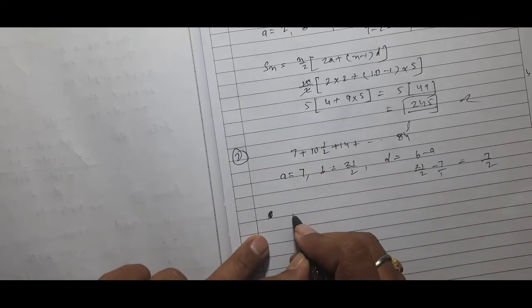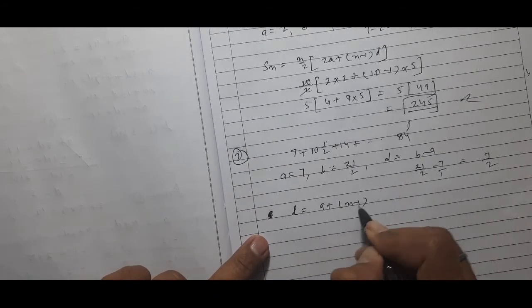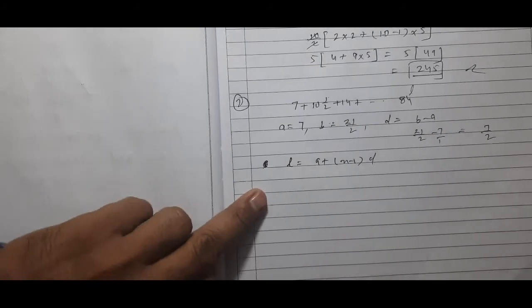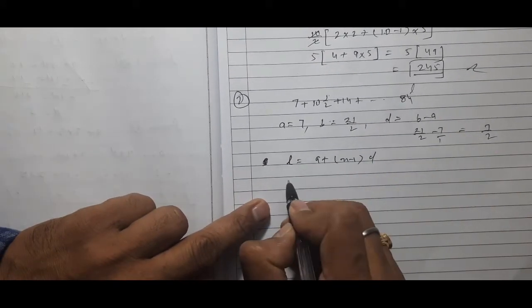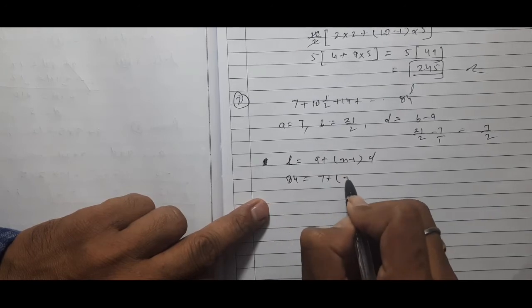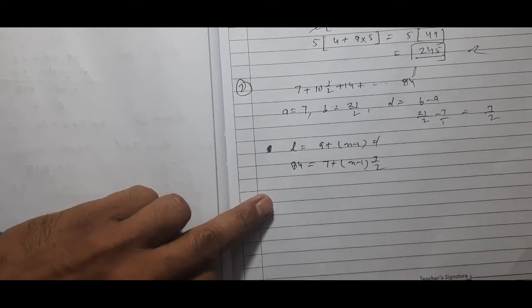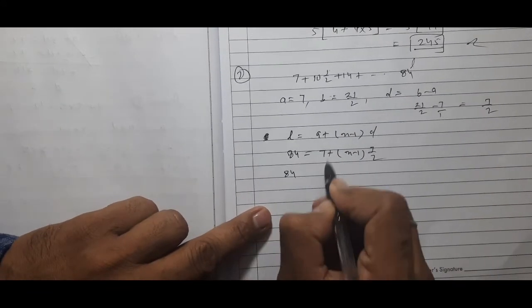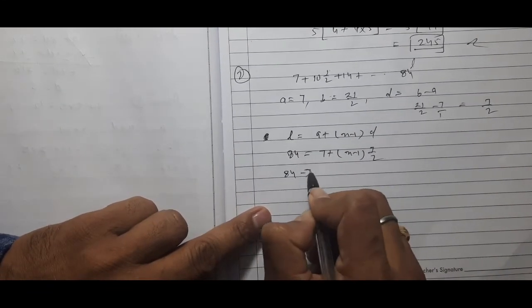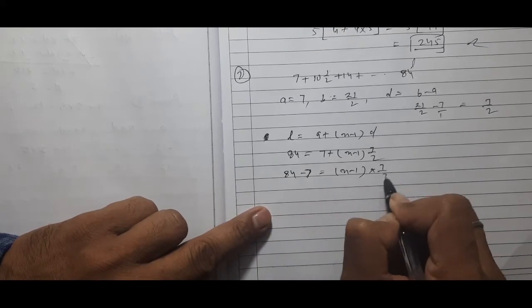So first we use the formula L equal to a plus n minus 1 into d. Okay. So L value is 84. 84 equal to a value 7 plus n minus 1, d value is 7 by 2. Okay. So 84, side change of 7, equal to n minus 1 into 7 by 2.